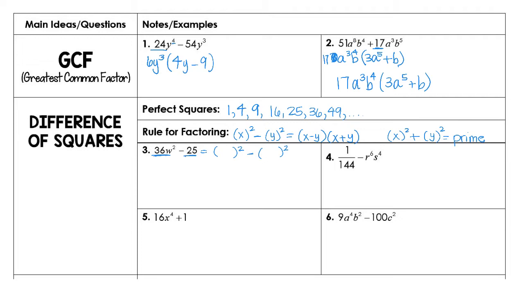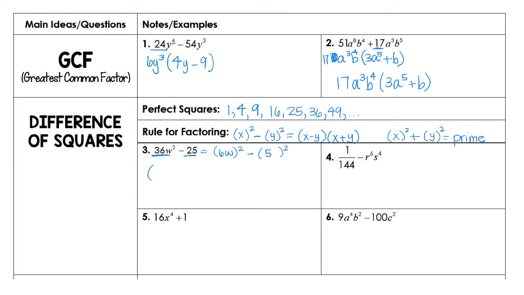What is being squared to give me 36w squared? 6w, isn't it? Minus what squared gave me 25? 5. Now, really, for our formula we just wrote, we have x and y. We're just filling in the blanks now.